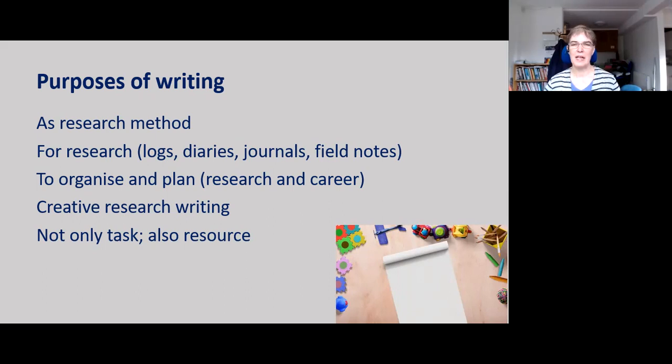Yeah, absolutely. And writing as a research method, I mean, this is something I've been arguing for a long time, is that writing is a research method, and it's often not treated as such. And if you find a textbook on research methods, it may well not include anything about writing. And yet show me a researcher in the Euro-Western paradigm who can do their project without writing, and I will be astonished, because I don't think it's possible.